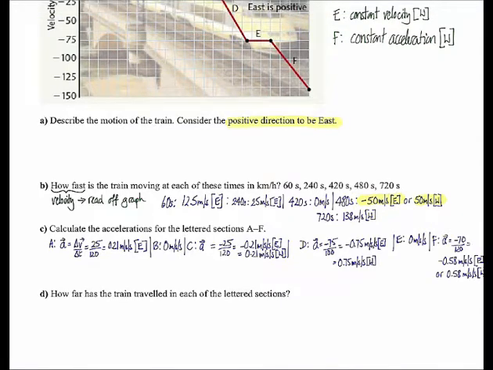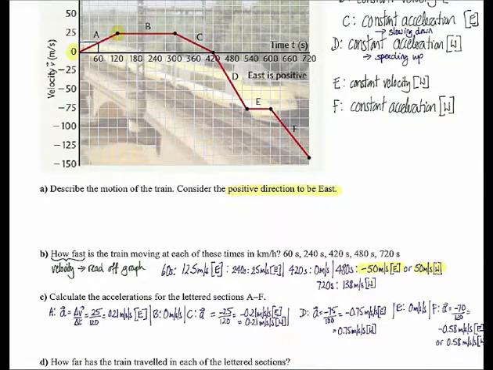So I've completed those calculations for the acceleration in each of the sections A to F, and there they are. Again, if you look at section D, the slope is a negative slope.